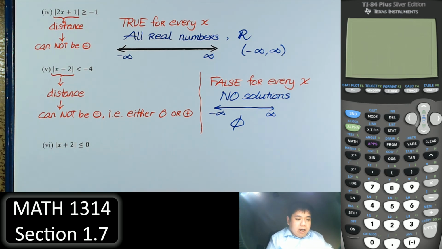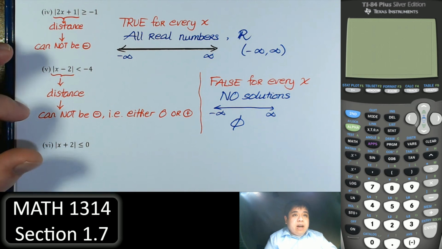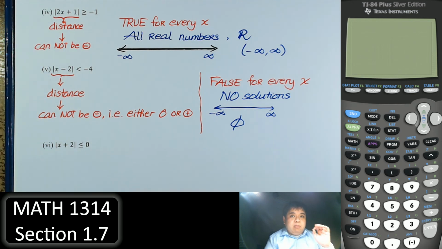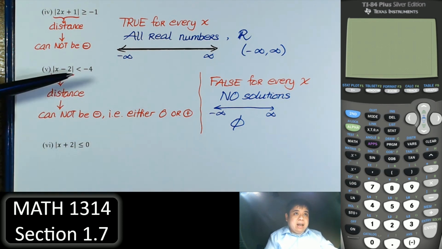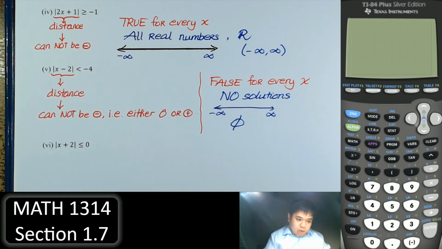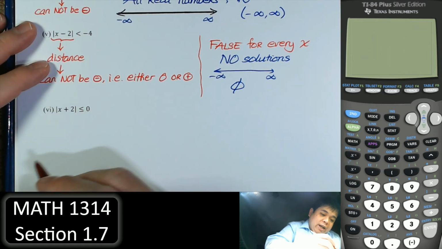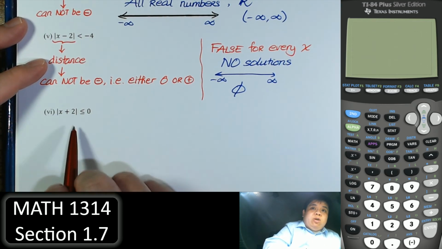So once again, a distance cannot be negative, meaning it can be either 0 or positive. And in that case, 0 or positive cannot be less than negative 4, so there's no solution. Right. Last one. Once again, we do not have a positive on the right hand side.